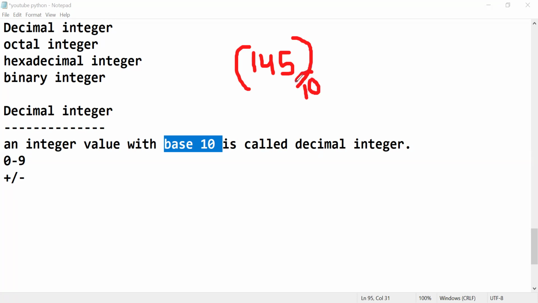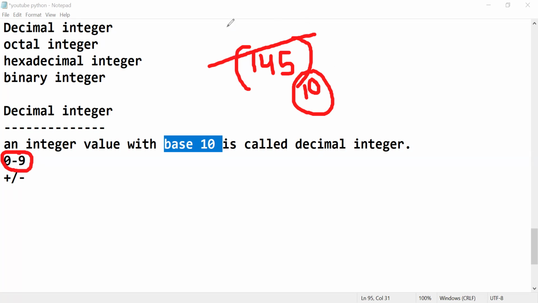Even if you do not mention base 10, it is treated as a decimal integer. The value with base 10 is called a decimal integer. These decimal integers can be created by using digits 0 to 9.